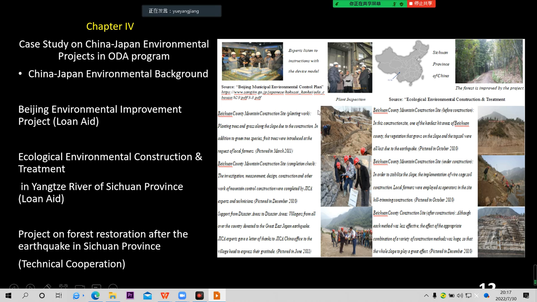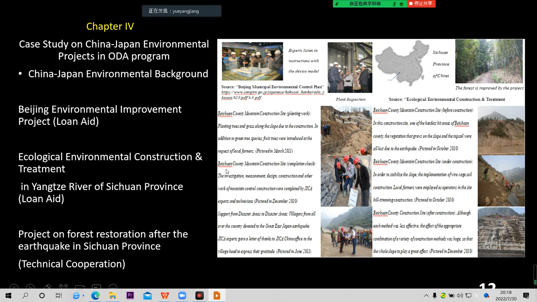And here I post the pictures, which you can see, of Beichuan County of Wenchuan city. Beichuan County was the most damaged area in Wenchuan city, which is the center of the earthquake. After the earthquake, all the forest and all the nature were destroyed. But Japan's experts and people, their technology and knowledge, were brought to China as a method of the ODA process.